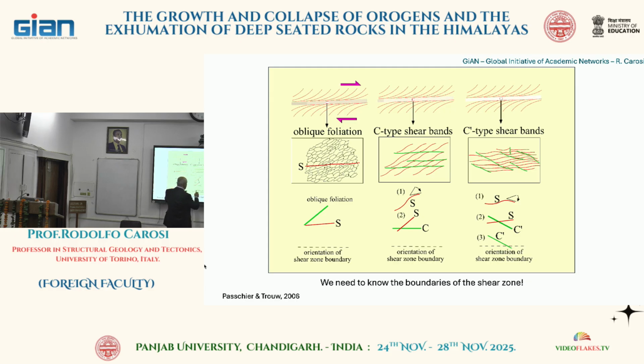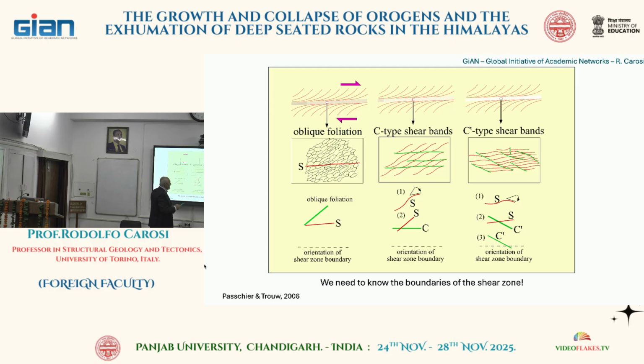You can observe that during deformation, because the shear plane is an attractor of the planes and the lines, also the S and C try to become parallel with increasing strain. So at the end, you can have SC with the same foliation, the same line, and the C prime develops obliquely to the shear zone boundary.